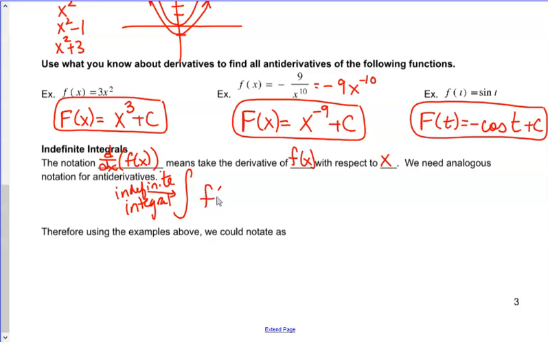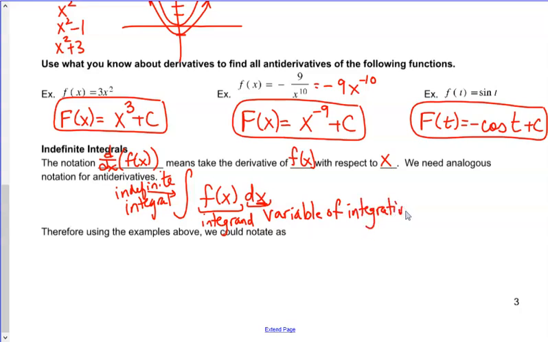And then there's going to be two parts here. There's going to be a function, and there's going to be a differential. So this is my function, and this is what we refer to as the integrand. And this is the variable of integration. Actually, more so this piece right here is the variable of integration.